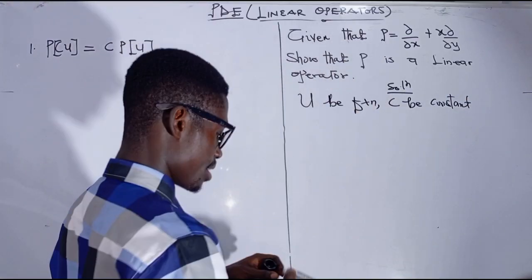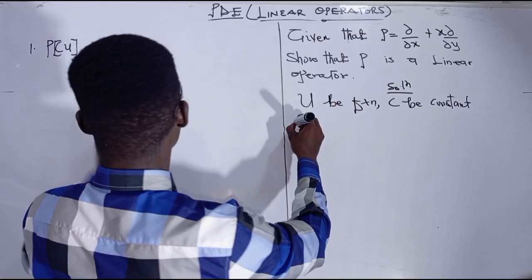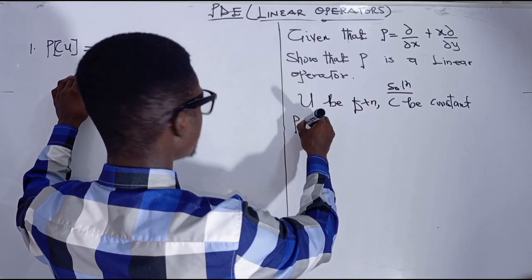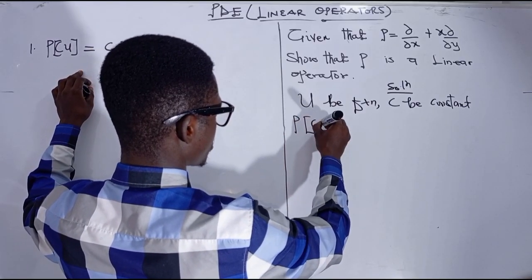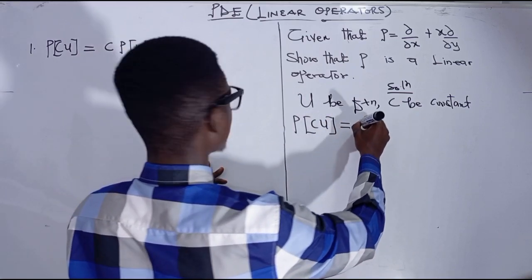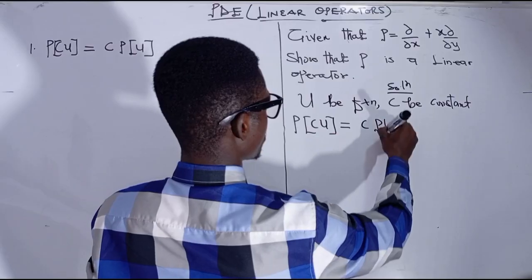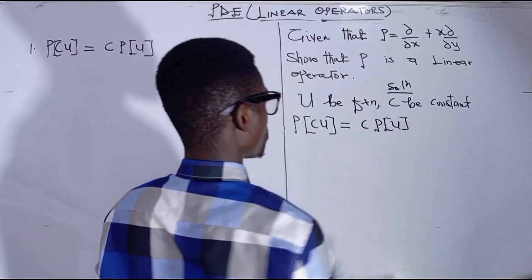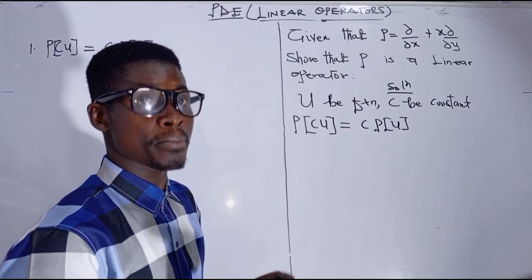So for that one we already know. So we have the first condition, P(CU) must be equal to what? C P(U). So first of all, we have to find PU.